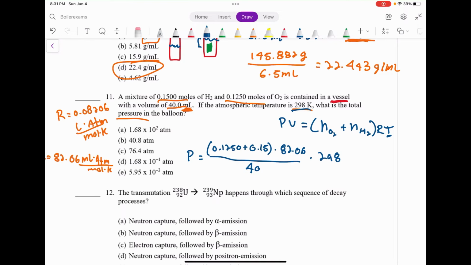Let's do the math: that gives 168.12, which is in units of pressure, atmospheres. So that is answer choice A, which is correct.